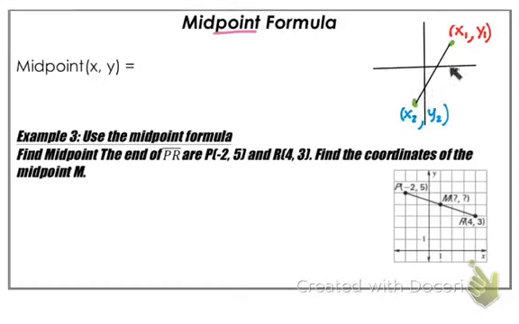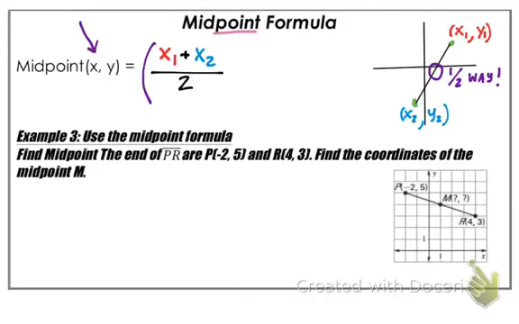A midpoint will be right in the middle of this segment. Okay, that's about halfway between x sub 1 and x sub 2, y sub 1, y sub 2. So in order to figure out what the midpoint is, if we add both x's together and divide by 2, that'll give us the x coordinate of our midpoint. Our answer is going to be in actual coordinates, so this would represent the x coordinate of the midpoint, comma, now we have to figure out the y coordinate of the midpoint.